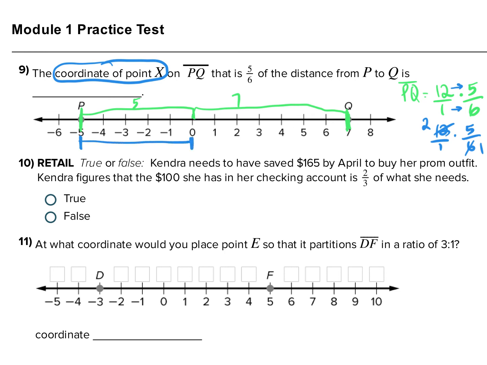And so for a total of 10 units, we have to go 5 more. So 5 and 5 is 10. And so point X would go at 5 on the number line.